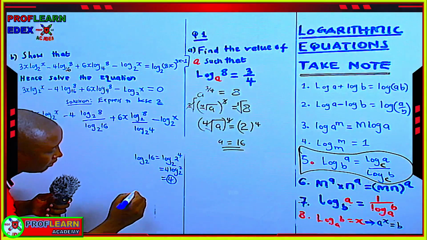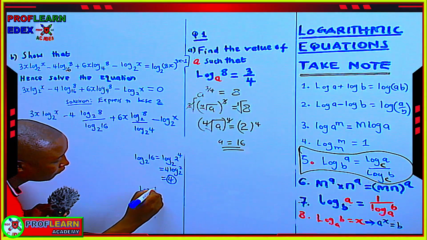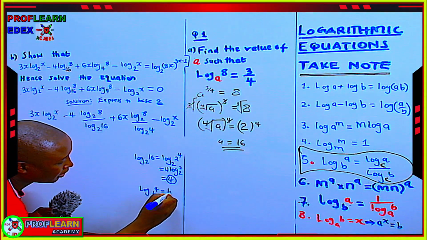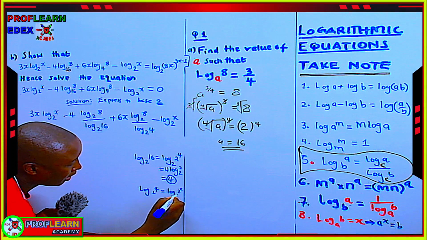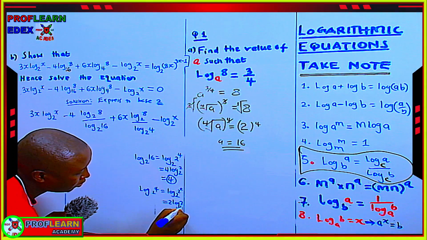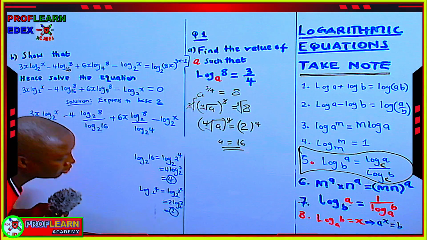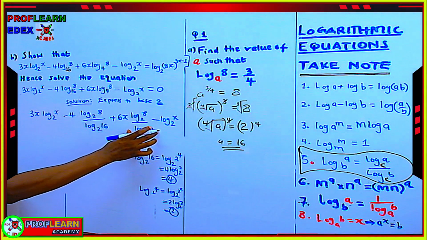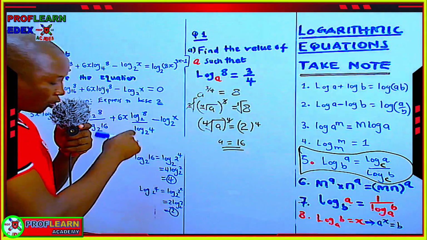And let's see, we are having log 4 base 2. This can be written as log 2 power 2 base 2. And this is 2 log 2 base 2, and that is going to be 2. And this part here can be replaced with 2.